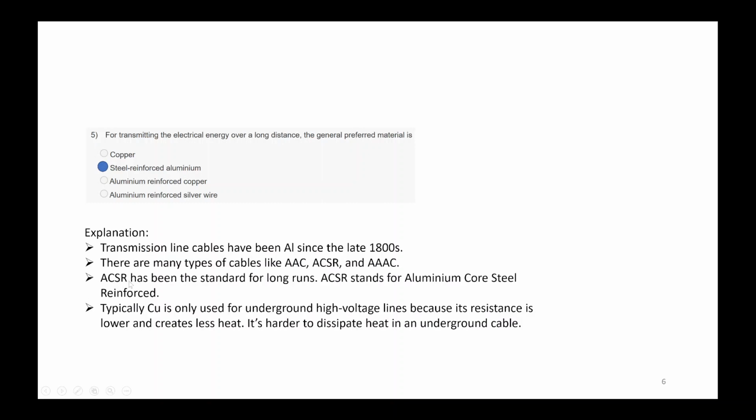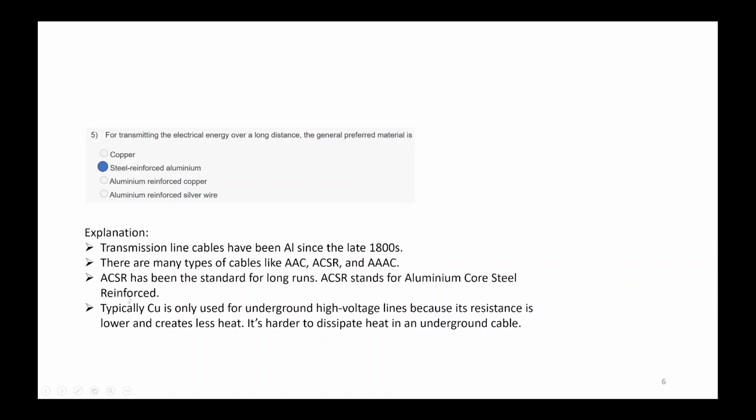Now explanation. Transmission line cables have been made of aluminium since the late 1800s, and there are many types of cables like AAC, ACSR and AAAC. Among these, ACSR has been standard for long runs. It stands for aluminium conductor steel reinforced.